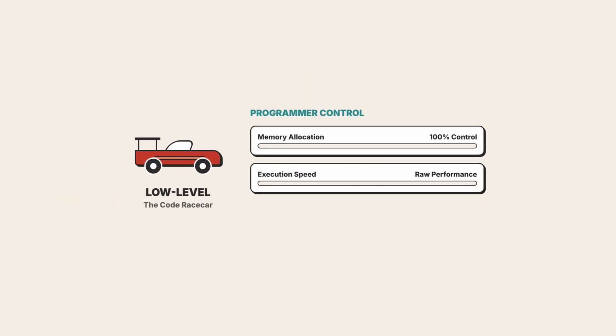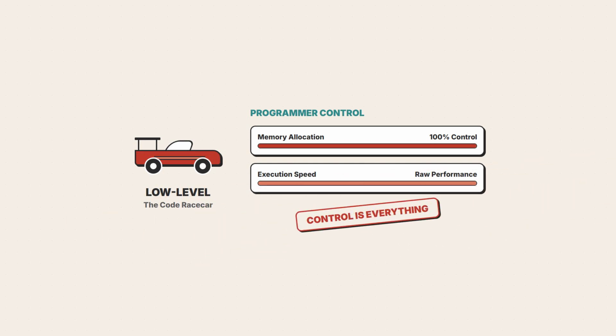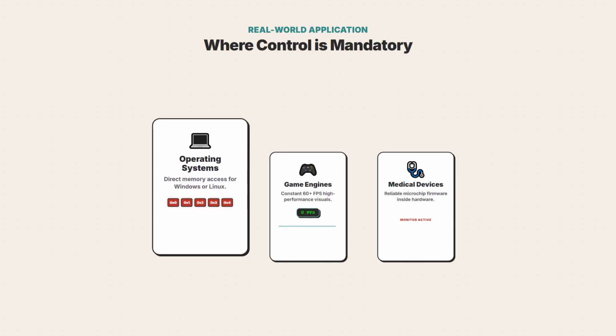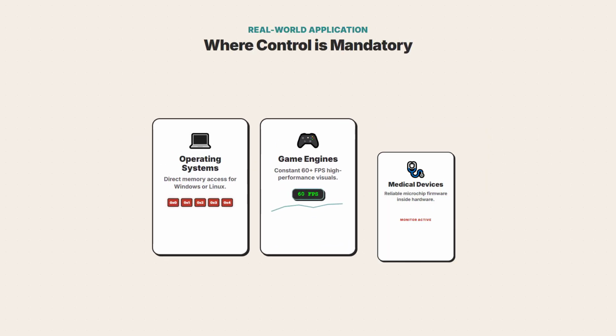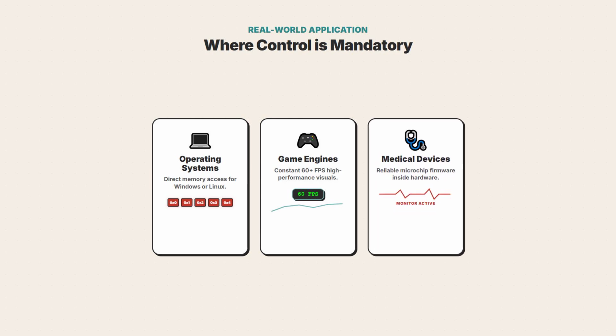Low-level languages are the race car. They give the programmer extreme control over exactly how the computer uses its memory and speed. And in some situations, that control is everything. Things like operating systems, video game engines, tiny microchips inside medical devices. These need every bit of performance they can get.